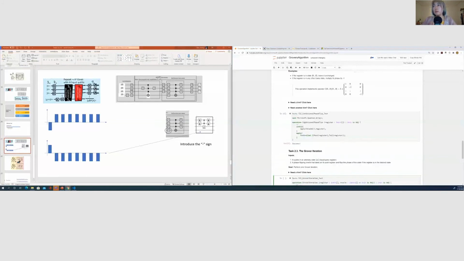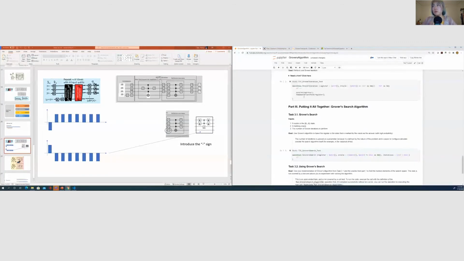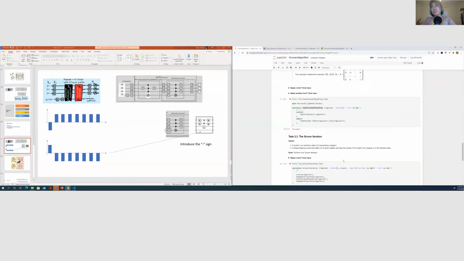Then we have the conditional phase flip. The last step is the rest of the Hadamard gate. So we do this again. That should do.